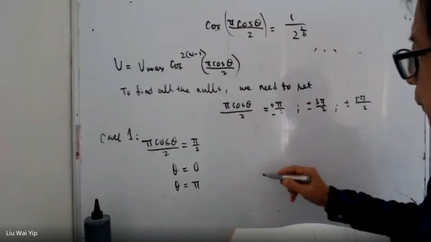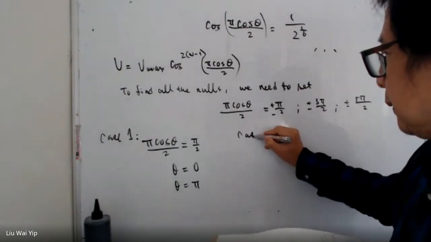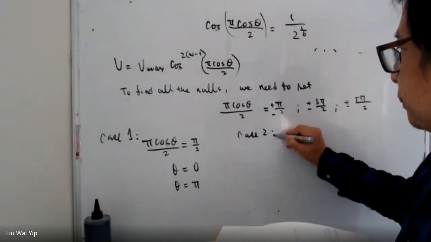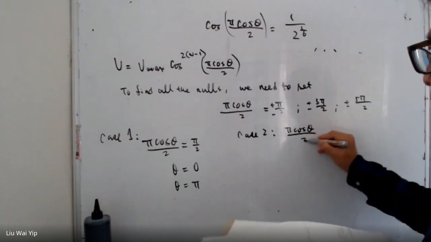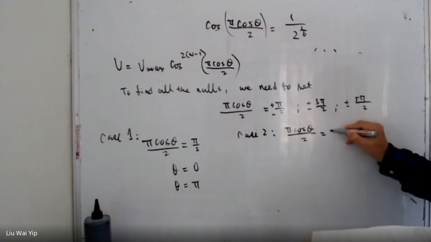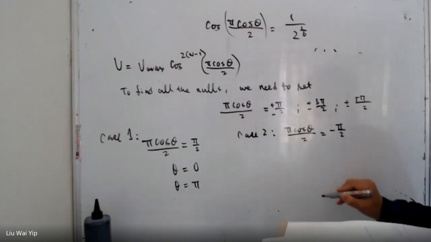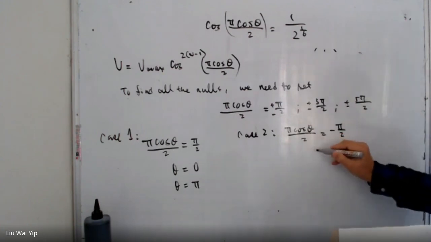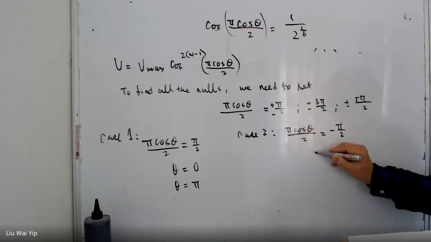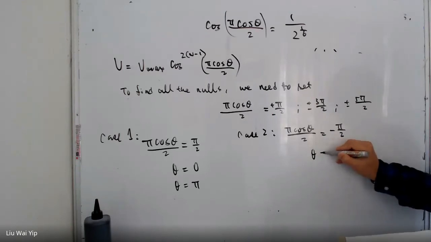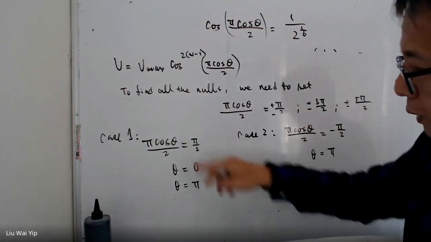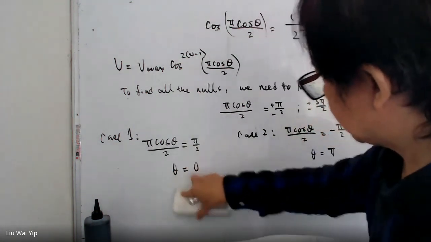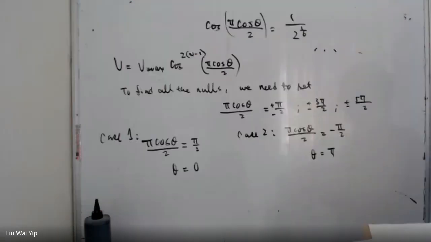Now case 2. Case 2, we have this one being equal to minus pi over 2. With this in mind, we have minus 1, and this one is going to be pi. Actually, pi doesn't work here. This one is 0, this one is pi. So we end case 2 now.